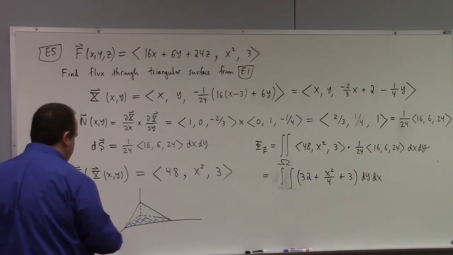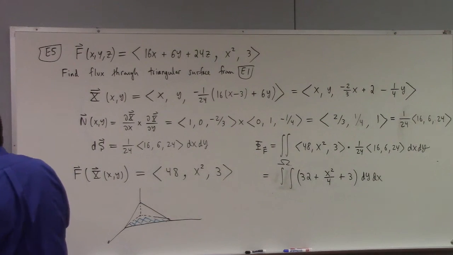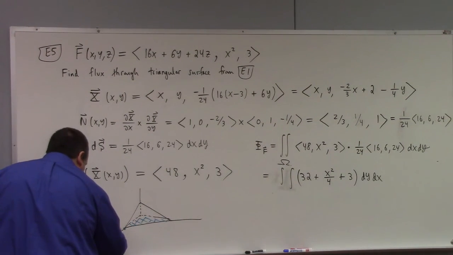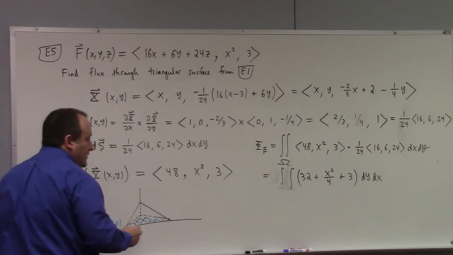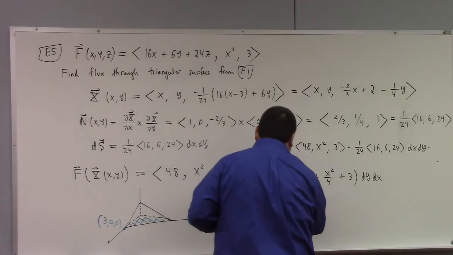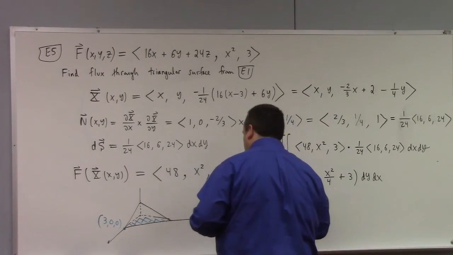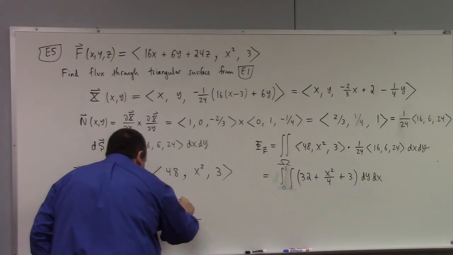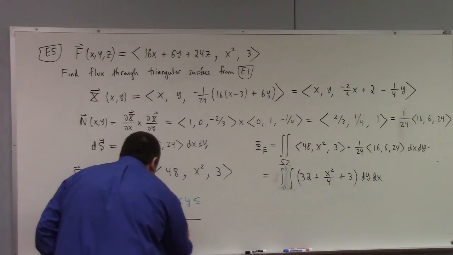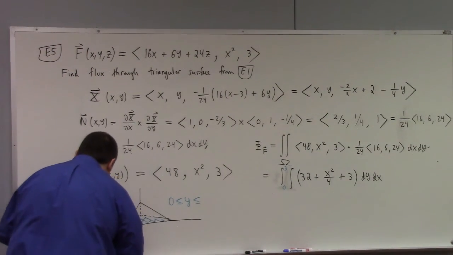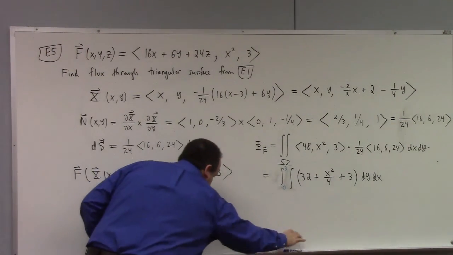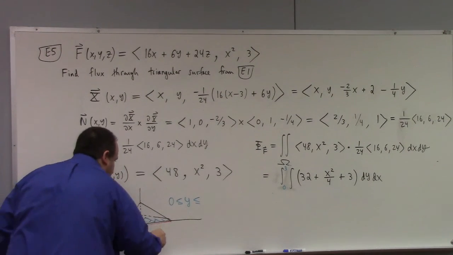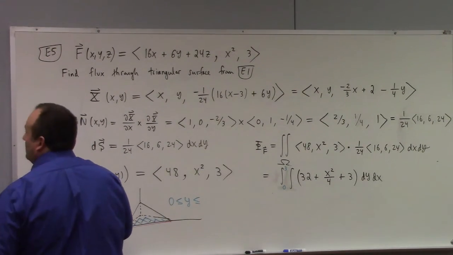So to describe that, our x goes between 0 and 3. So definitely the x bounds are going from 0 to 3. And the y bounds are tricky, but I see I've got 0 less than or equal to y less than or equal to whatever the equation is of this guy right here. That's when z is equal to 0.